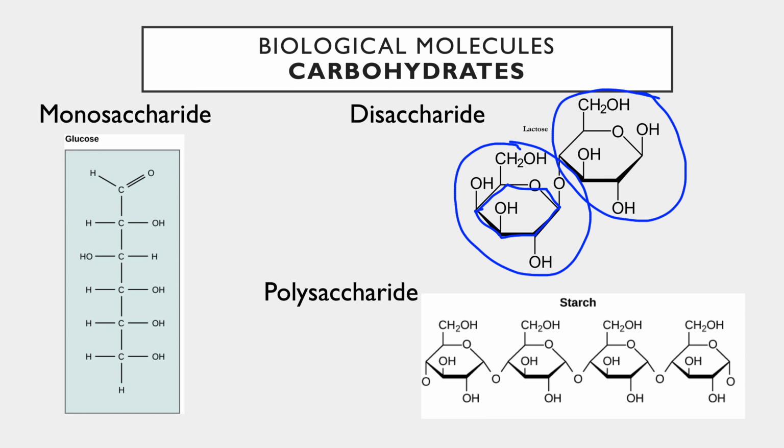And then the polysaccharide that I'm showing you here is an example of a very short molecule called starch. And starch can have anywhere from hundreds, if not thousands, of different sugars attached into that molecule. And in fact, we can look at some examples of those.